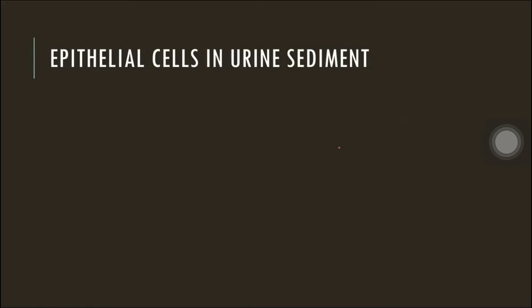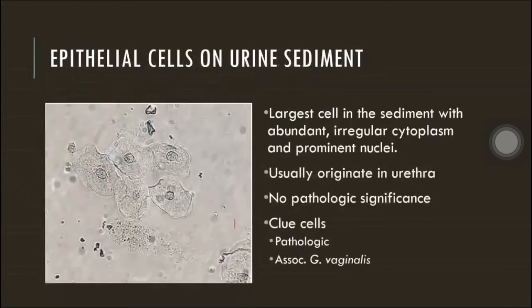Next, we move on to the epithelial cells in the urine sediment. The squamous epithelial cell is the most abundant epithelial cell in the urine sediment as well as the largest cell present in the urine, with abundant irregular cytoplasm and prominent nuclei. Squamous epithelial cells originate in the lower urinary tract, specifically in the urethra.